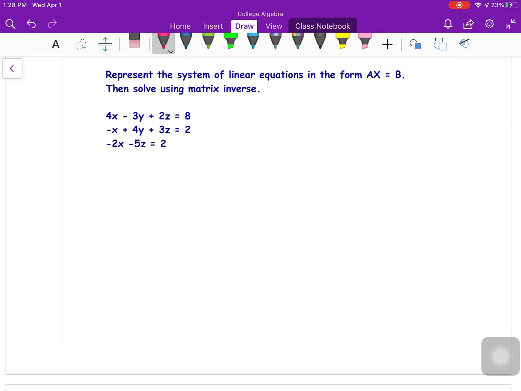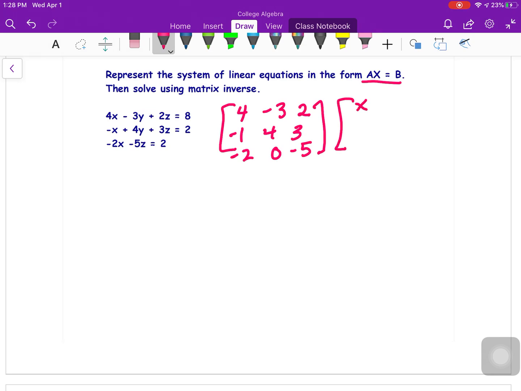Okay, we're going to do the same thing here. It says AX equals B. So first, I have my coefficients, 4, negative 3, 2, negative 1, 4, 3, negative 2, 0, negative 5, times my variables, X, Y, and Z, equal my solutions of 8, 2, and 2.